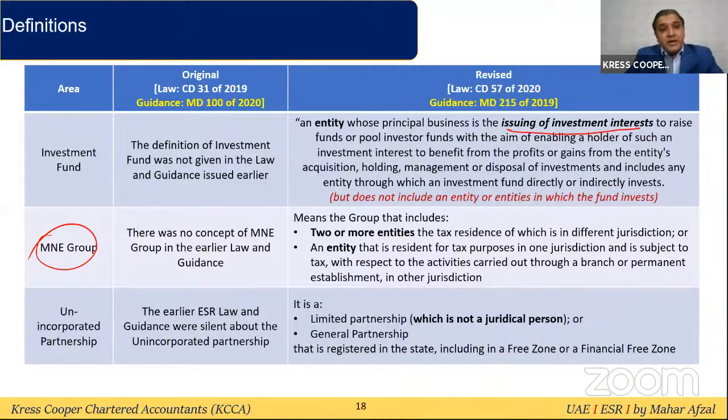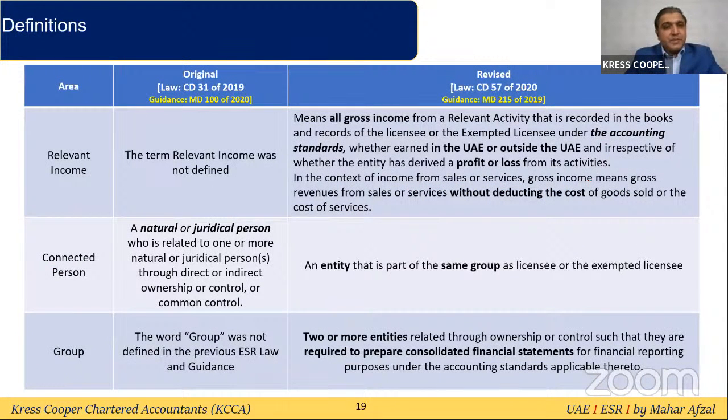The concept of unincorporated partnership was introduced as well. If this is a limited partnership, which is not a juridical person, or a general partnership, registered in the state, they have introduced the definition of unincorporated partnership as well, while the previous cabinet decision was silent about this.